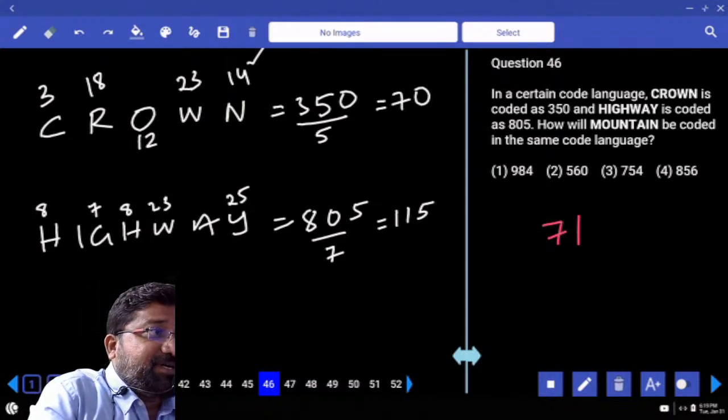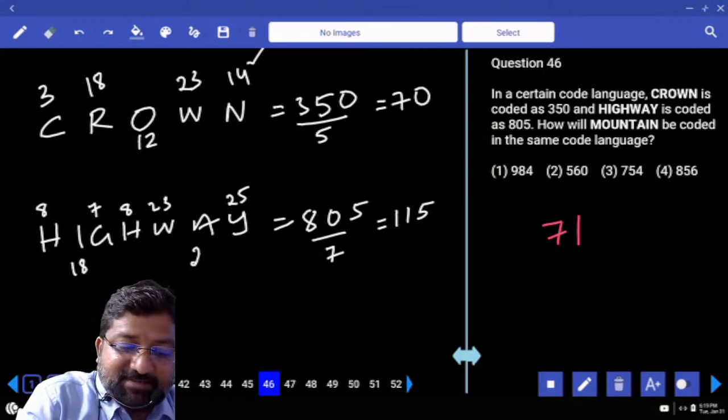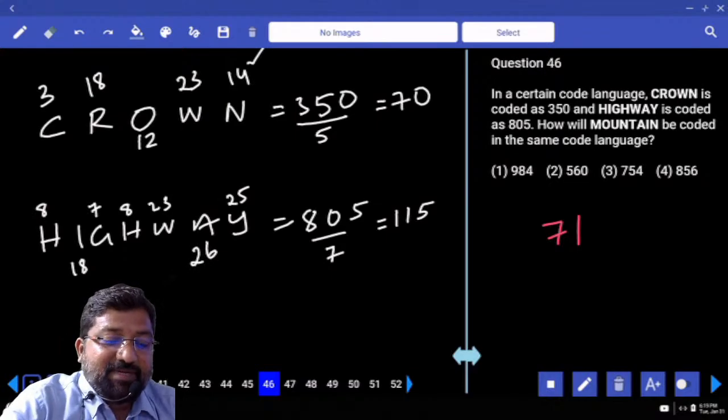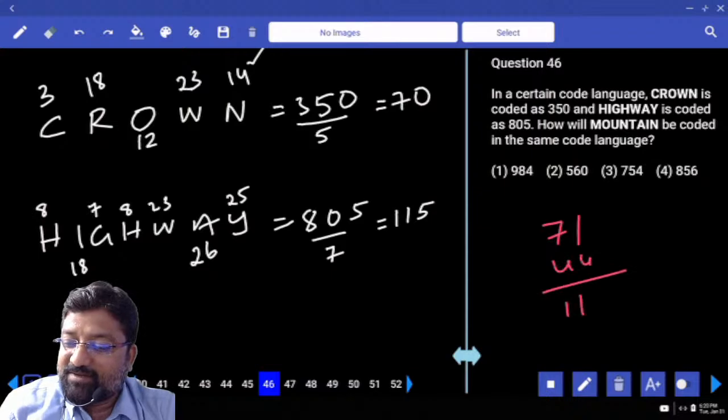What is opposite to I? R. R అంటే 18. A కి Z 26. 18 + 26 44. Add 1.